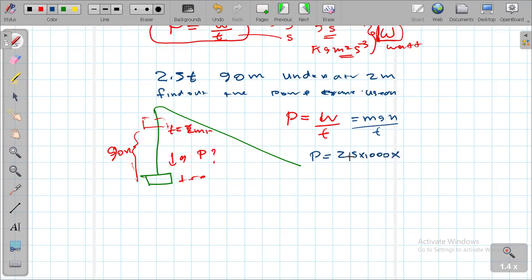I told you there are some SI unit derivatives; for higher masses we use tons. So it is 2.5 into 1000 times 10, and the height is 90. It has taken 2 minutes, so 2 into 60.